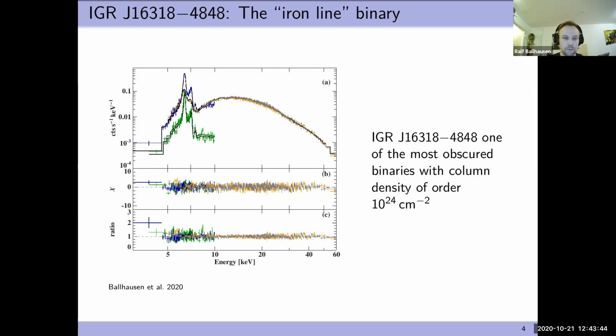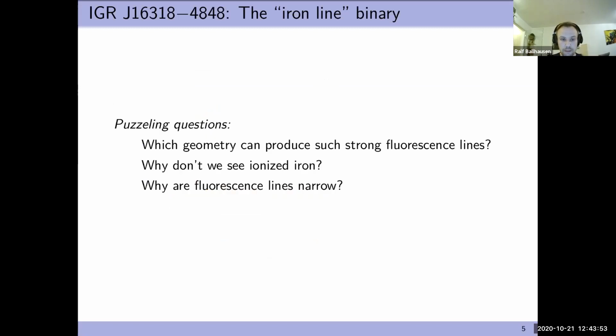And when you look at these lines and at the strong absorption over the continuum and the edge depth, a few questions come up naturally. So first of all, you wonder, how do you produce such strong iron lines in the first place? What kind of absorber geometry do you need in order to make these lines so strong? And then the other question, which is quite interesting to ask, is why the iron lines appear to be very neutral.